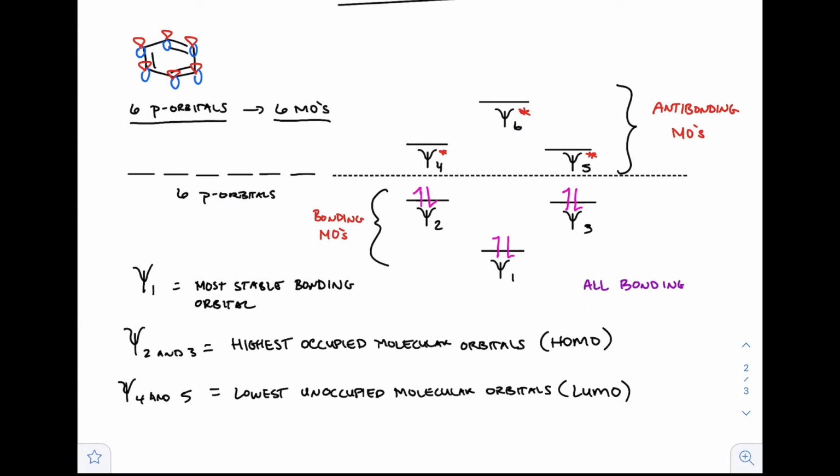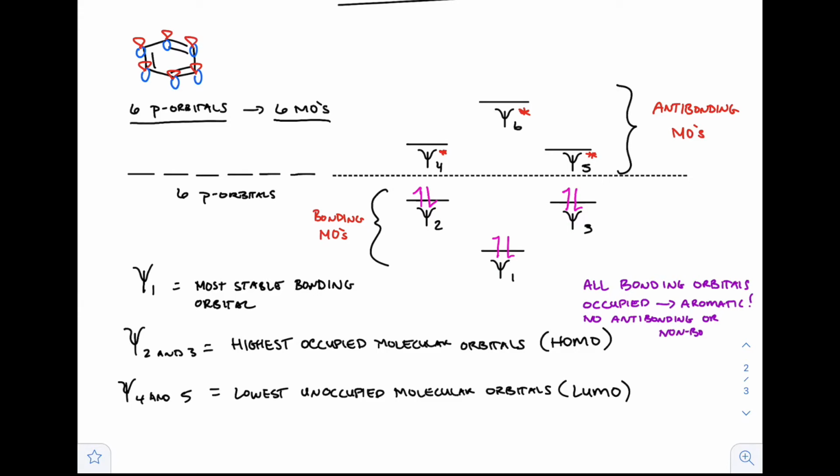Okay. Now, notice that all of the bonding orbitals in this particular molecular orbital diagram are occupied, okay? Now, this is one of the criteria for aromatic compounds. If all of the bonding orbitals are occupied, but also none of the antibonding or the non-bonding orbitals are occupied, okay?